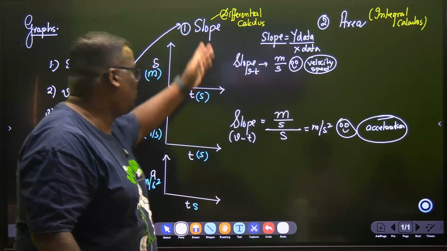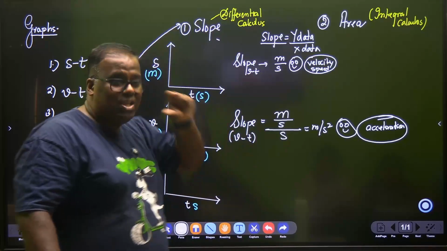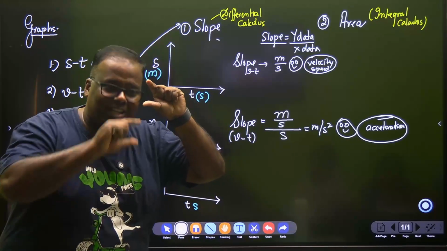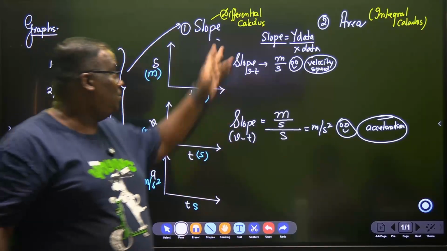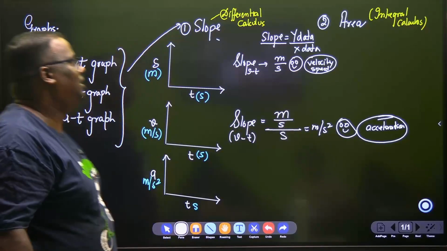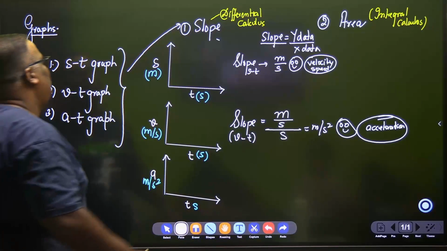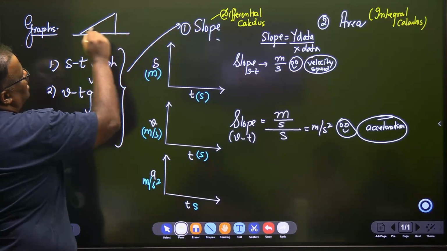In differential calculus, slope is calculated as dy by dx. dy is the measurement on y, dx is a measurement on x. That dy by dx is slope. Okay. And when you actually see, the slope will be making a line like this with the x-axis. Now, this is the theta.